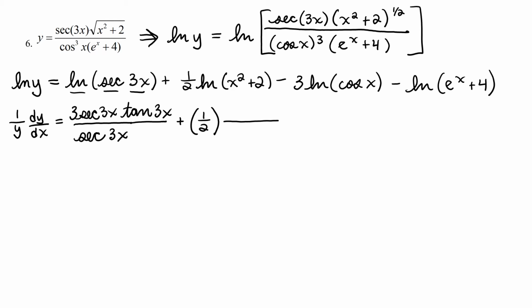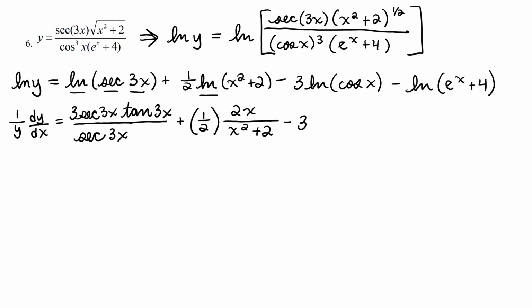So that'll be, the derivative of natural log is 1 over whatever's inside of it. So we have something over x squared plus 2. And then the derivative of x squared plus 2 is 2x plus 0.